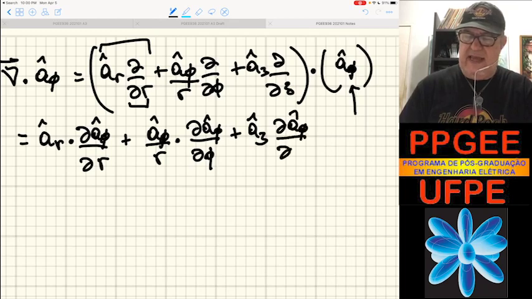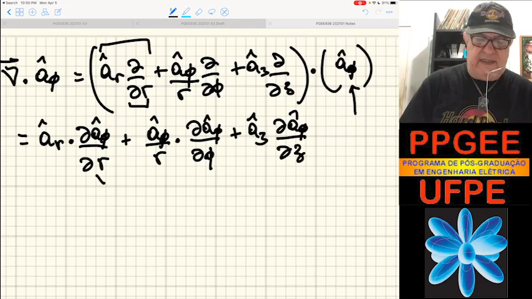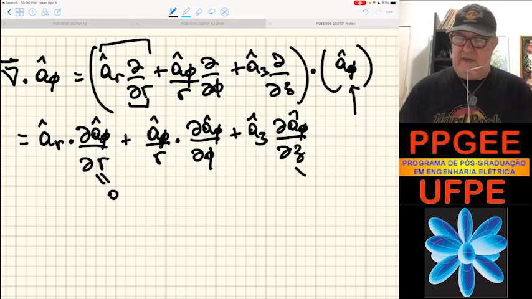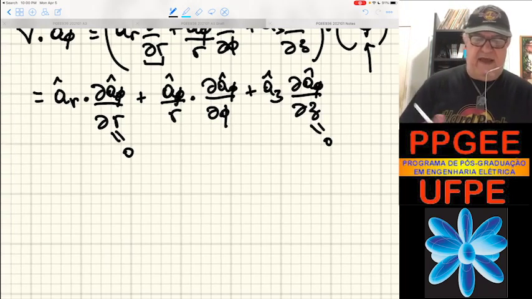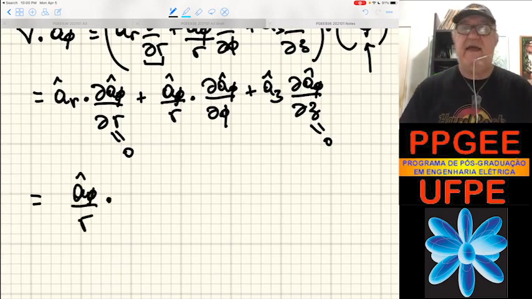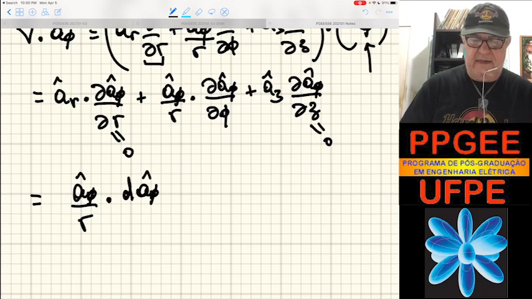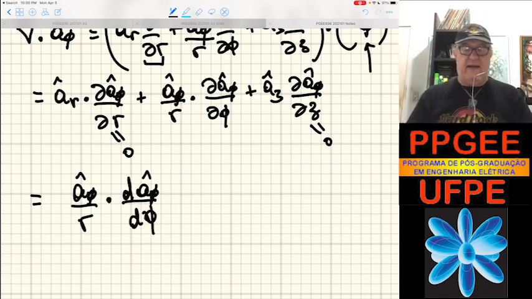Since a phi only depends on phi, the first and last terms are equal to 0, and we're left with a phi over r dot the total derivative of a phi with respect to phi. So I have to determine what da phi d phi is.